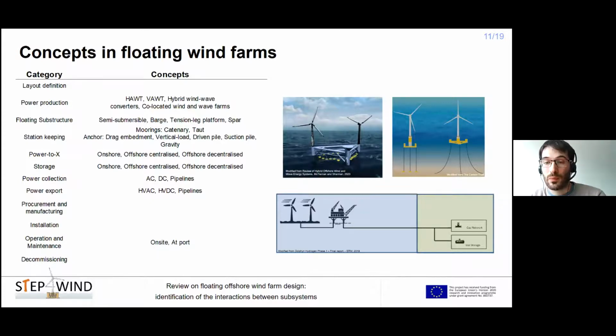For instance, for the power production category, even though horizontal axis wind turbines are the dominating design option, vertical axis wind turbines were also considered, as they could have some beneficial features for floating-specific applications, and there was also work in the past on hybrid systems combining wind and wave energy converters, or on the possibility to co-locate wind or wave farms.